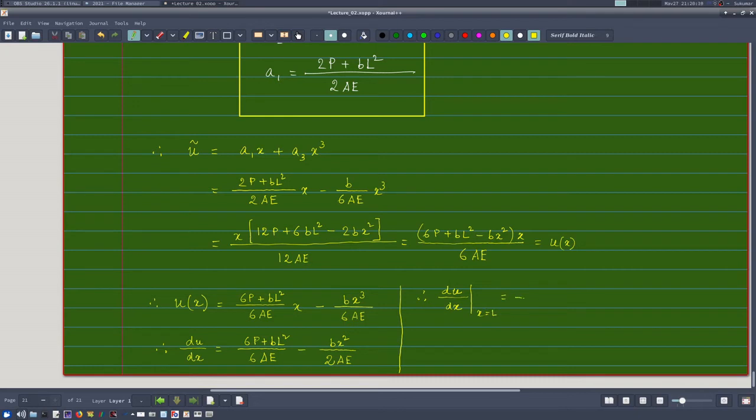Is 6P by 6AE plus BL square by 6AE minus BL square by twice AE.